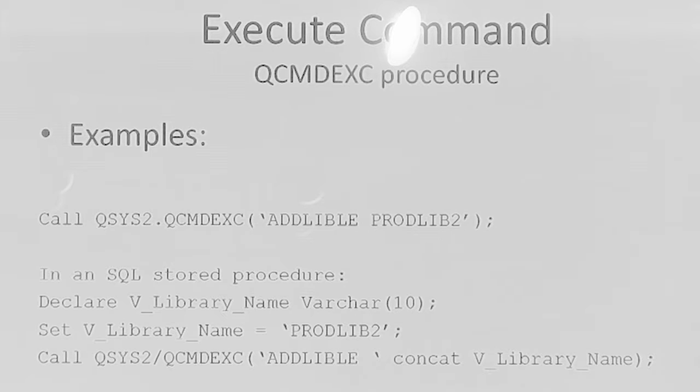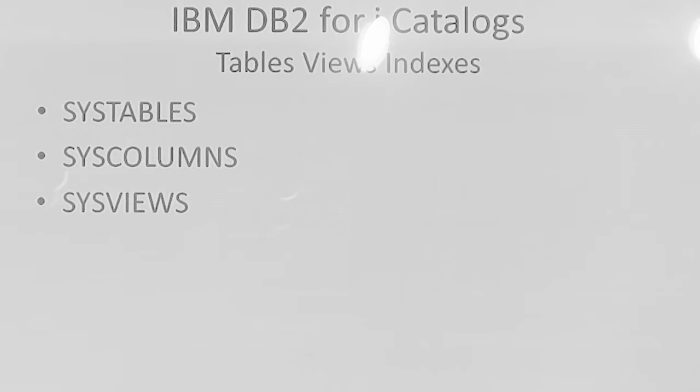We don't have a whole lot of procedures yet, and I thought this was the simplest one to show. Now I want to include at least one procedure in the presentation. The DB2 for i catalogs have got 30 or 40 of these. I just pared it down to 3.